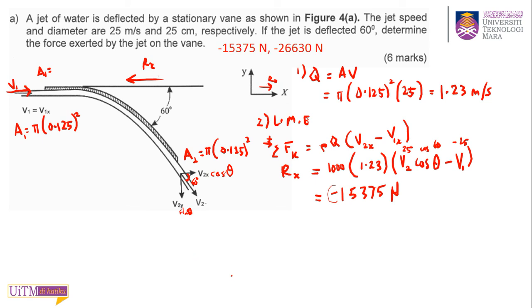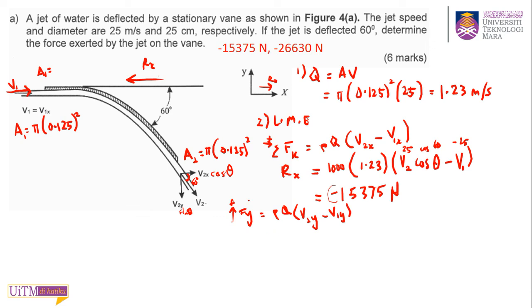Okay, and do the same for y. So first you take y upward is positive, Fy equal to rho times Q V2y minus V1y.